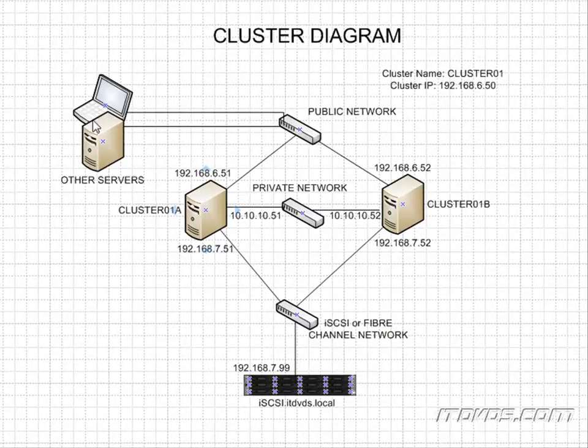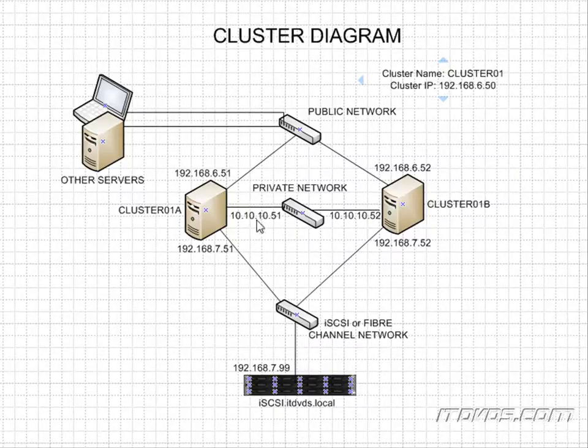Well, when our users go to access a file share that will be clustered, they're going to access it with a clustered name. And in our case, it's going to be cluster 01, and each application can have its own clustered name. We'll see that, but for simplicity's sake, it's going to be cluster 01, and that cluster name is going to translate to a clustered IP. In this case, it's 192.168.6.50. And these are virtual names and virtual IPs.